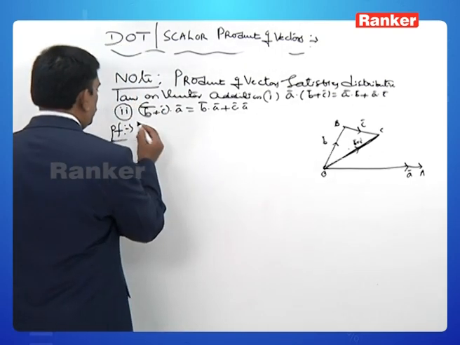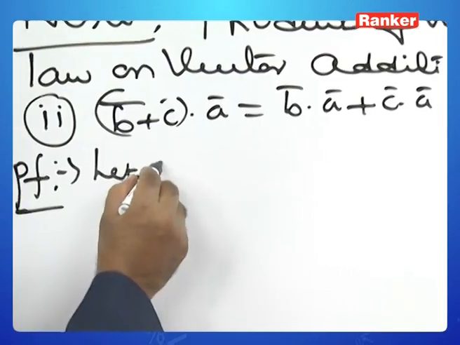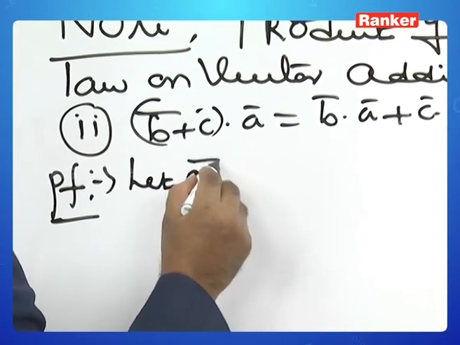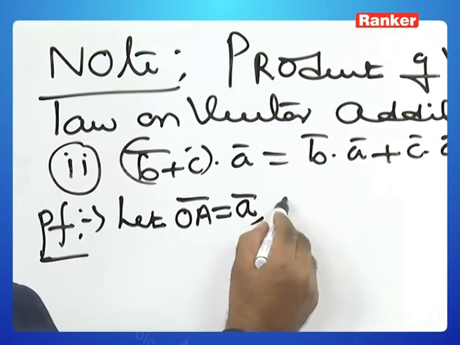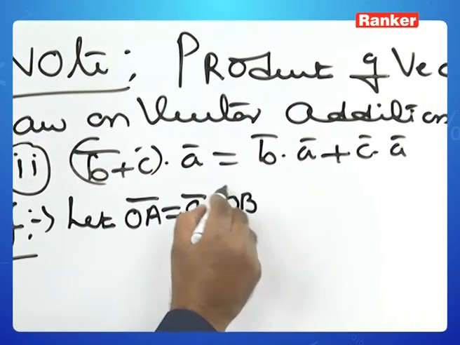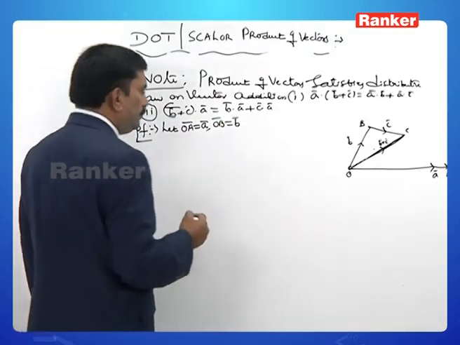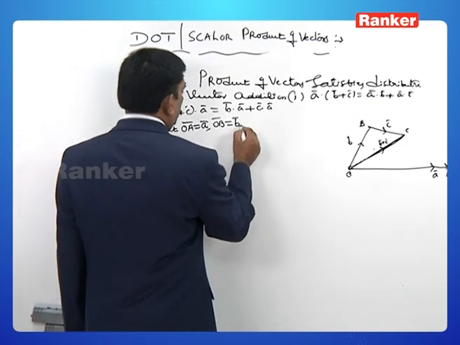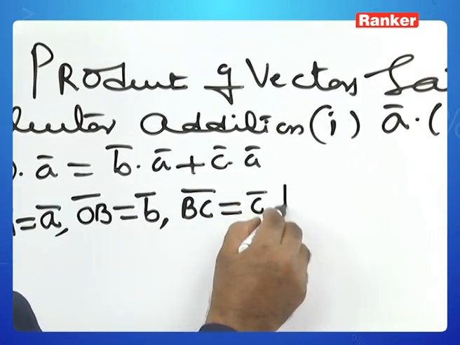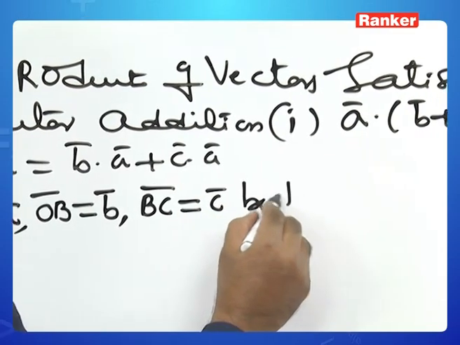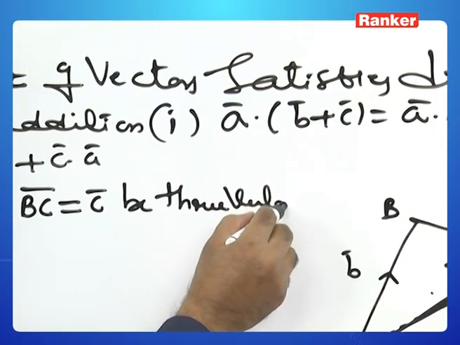I start. Let OA bar is equal to A bar, OB bar is equal to B bar, BC bar is equal to C bar be three vectors.